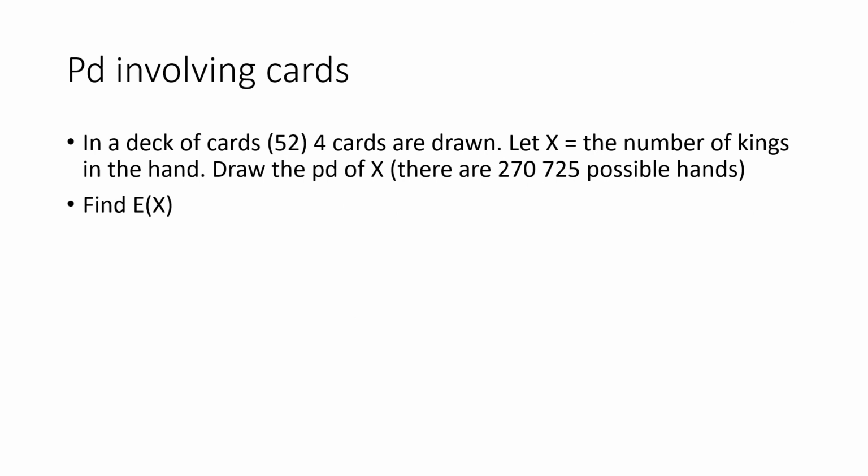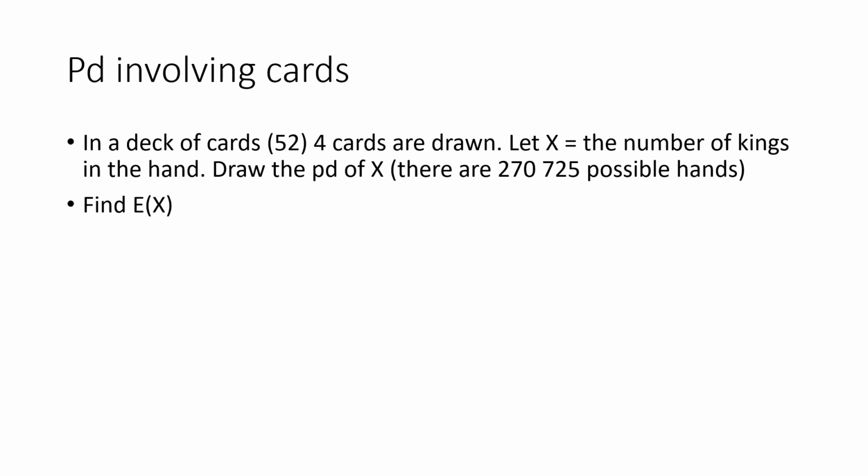Now, using what you've learned, try and do the following question by yourself. In a deck of 52 cards, 4 cards are drawn. Let x be the number of kings in the hand. Draw the probability distribution of x, and find E of x. Here we are given the combination of possible hands, whereas before we had to calculate it. This is just to make it a bit simpler.